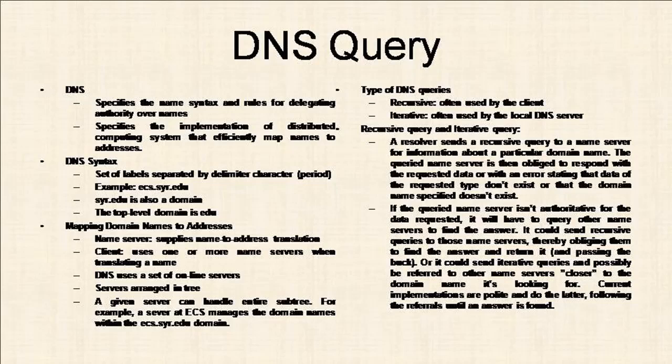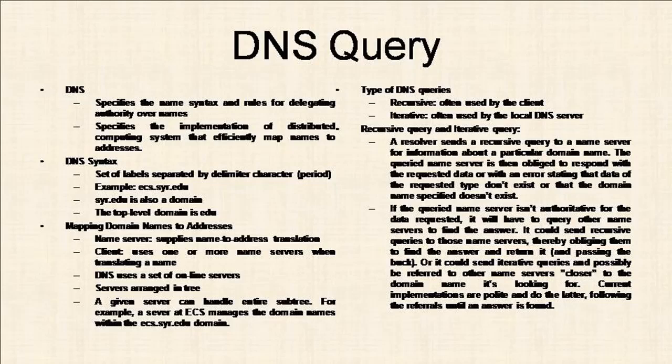But in the case of an iterative query, it is done at the server level. If the queried name server is not authoritative for the data requested, it will query other name servers to find the answer. That means it says, I don't know this answer, so I will forward this request to some other server, and they will respond. It could send recursive queries to those name servers, thereby obliging them to find the answer and then return it to the requester.